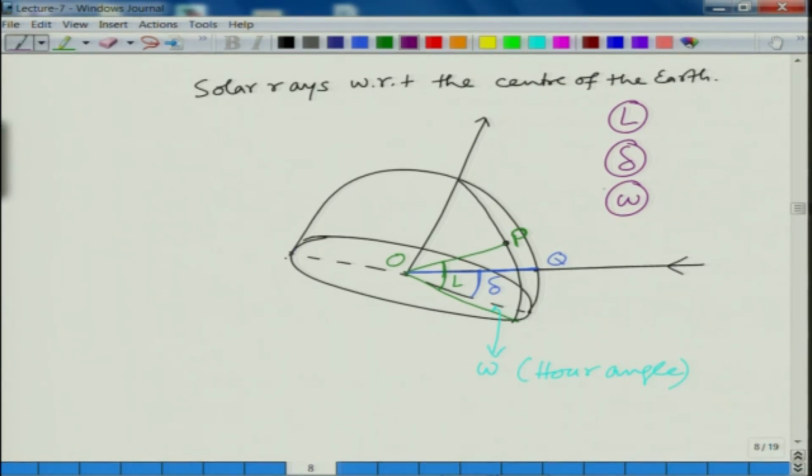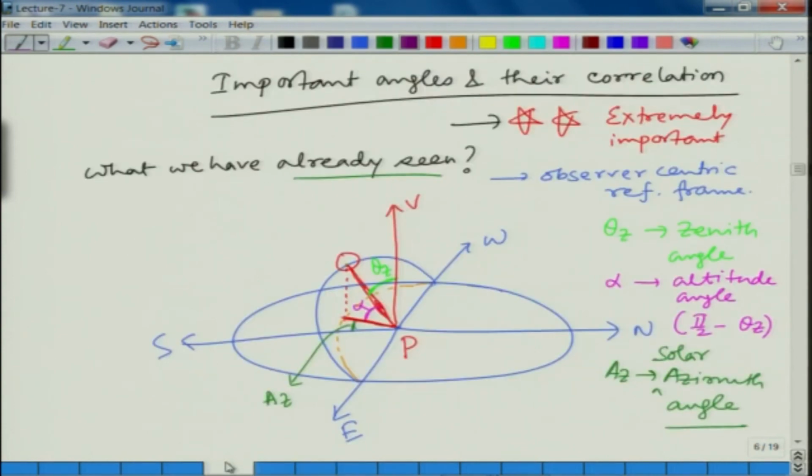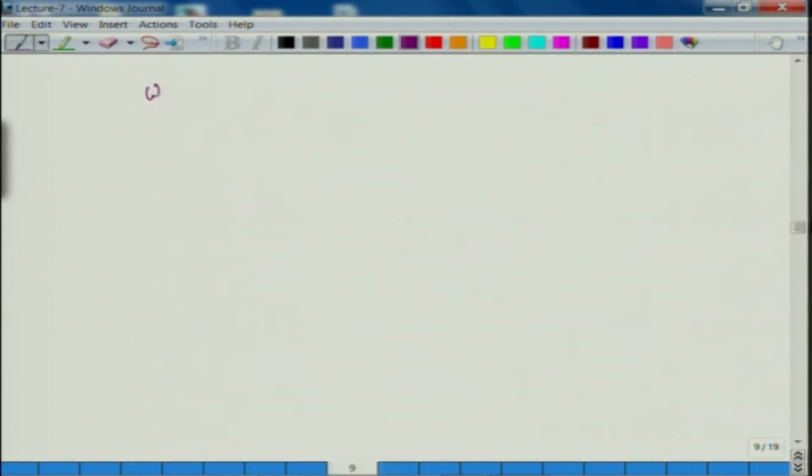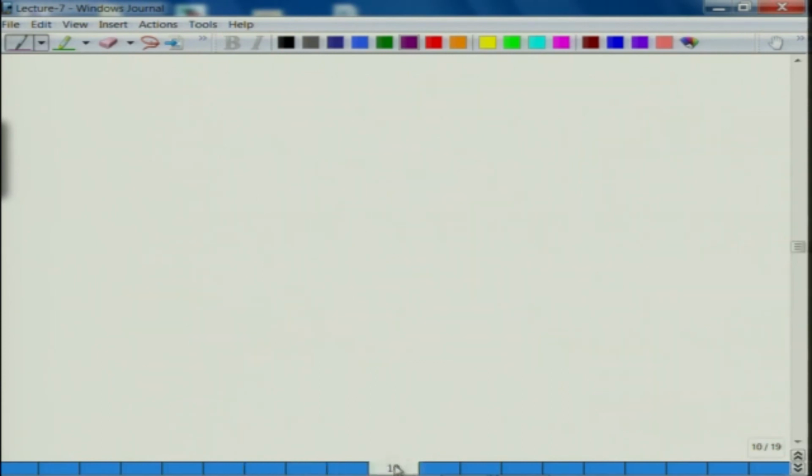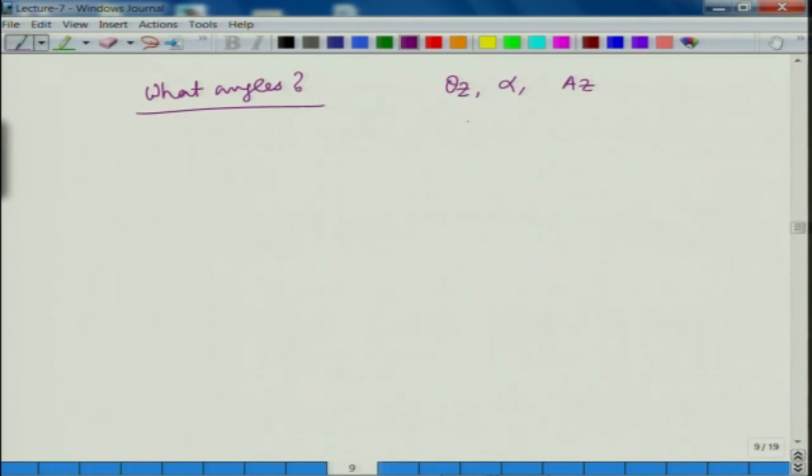So, what angles are we getting so far? From the first figure we got theta z, alpha and az. From the next figure we got the latitude and phi, or the latitude and longitude.